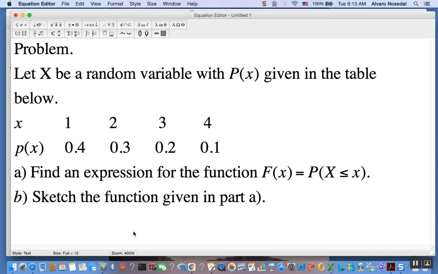We want to find an expression for capital F at x, a new function that we are defining as the probability that the random variable x is less than or equal to lowercase x. Once we have that expression, we would like to provide a graphical representation of that function. So let's begin.